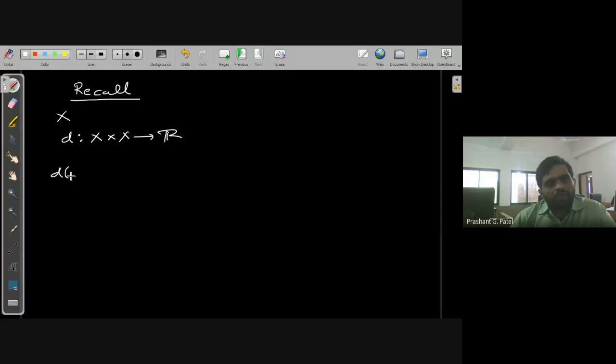The first condition is d of xy is greater than or equal to 0. The second condition is d of xy is 0 if and only if x is equal to y.